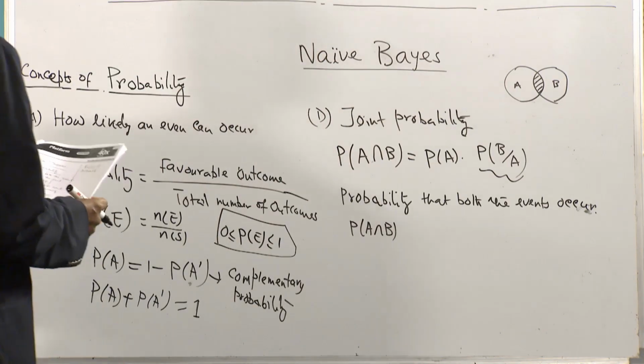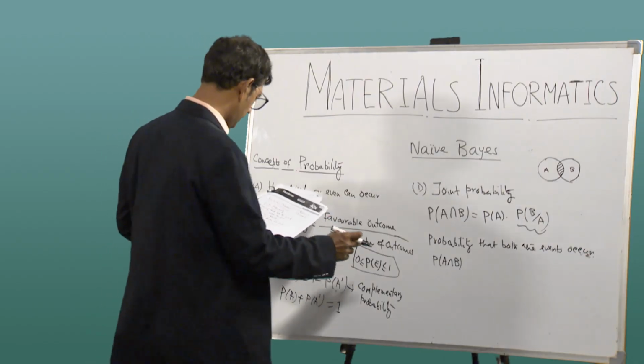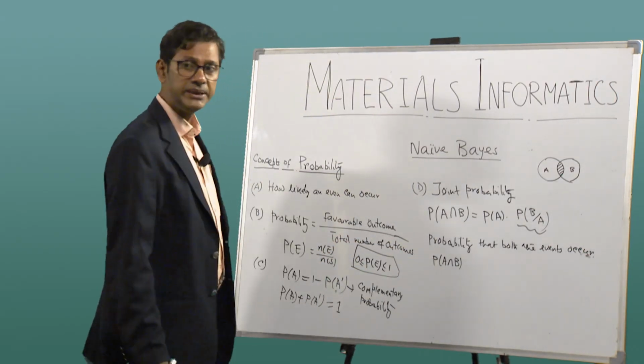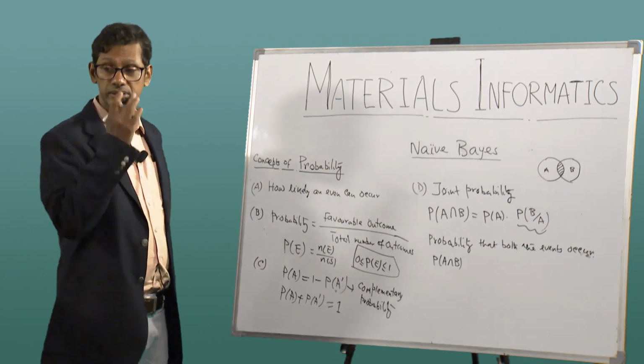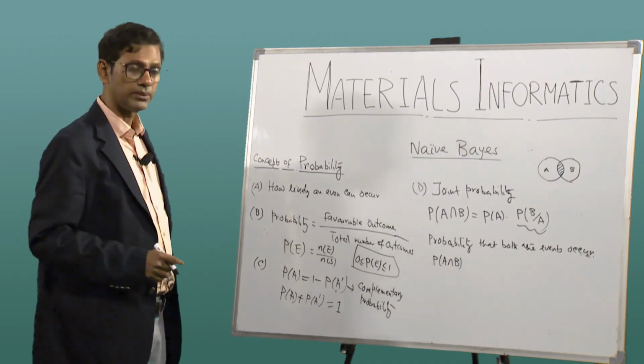Am I clear? So, now this denotes that both the events A and B are occurring simultaneously. At the same time, you are throwing the coin, I am also throwing the coin. That is what it talks about.